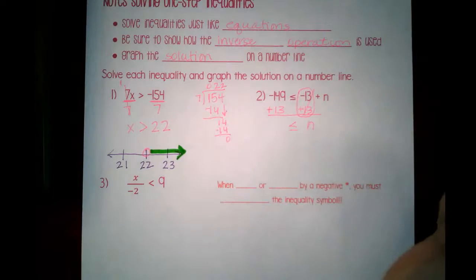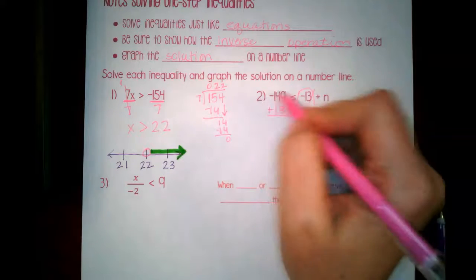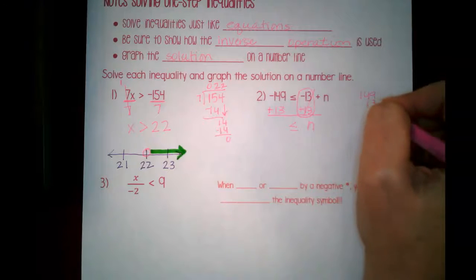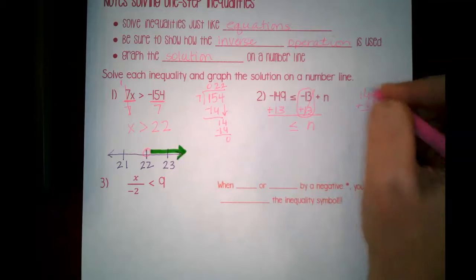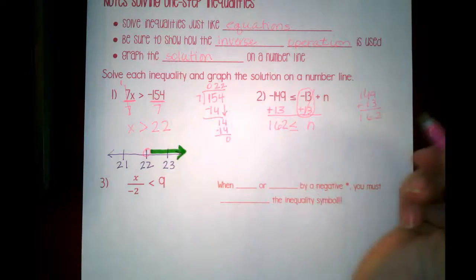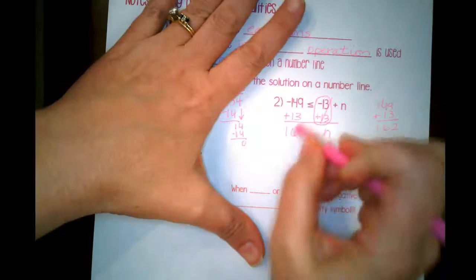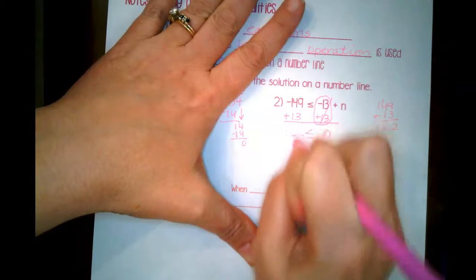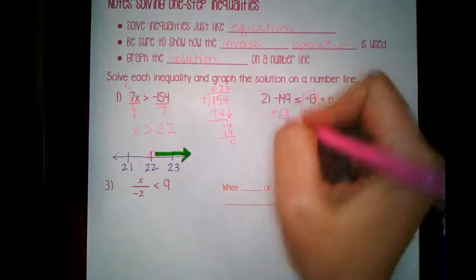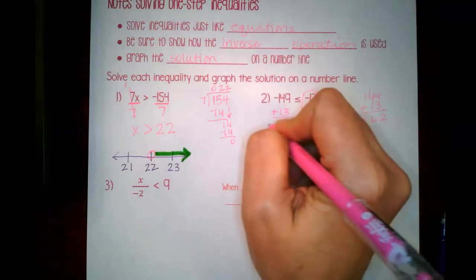Keep your symbol. Now we're going to add this together. So 149 plus 13, 12, 6, 1. Now, ooh, that's too close. You don't want your math to get sloppy because if you can't read what's going on, that's where a lot of careless mistakes are made.